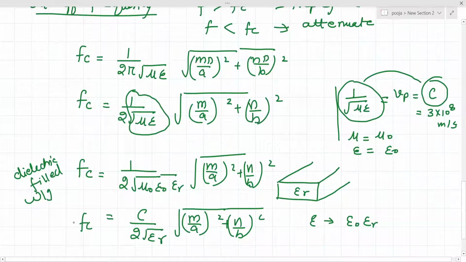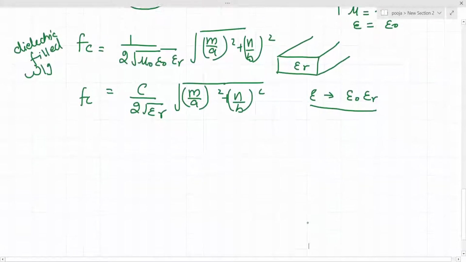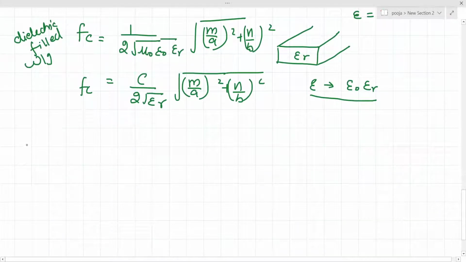So all the equations will change accordingly for a dielectric waveguide. Wherever epsilon comes, it will become equal to epsilon naught into epsilon r.